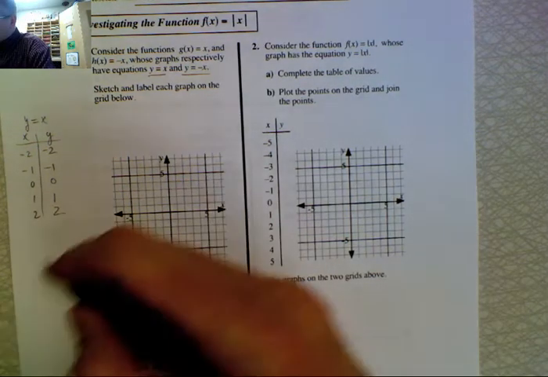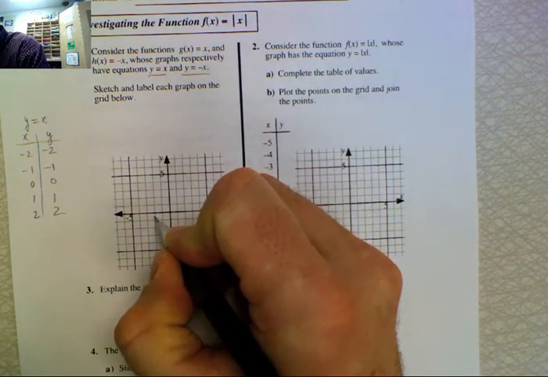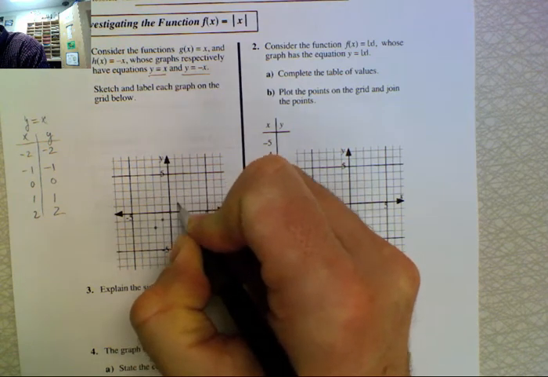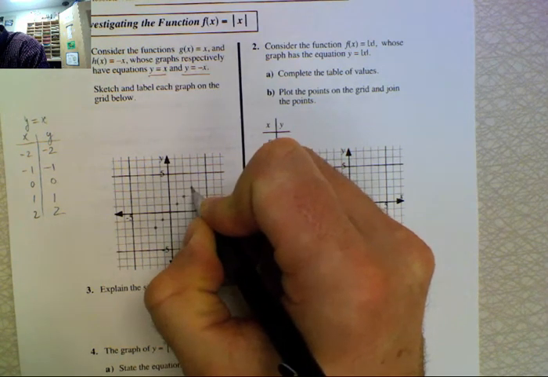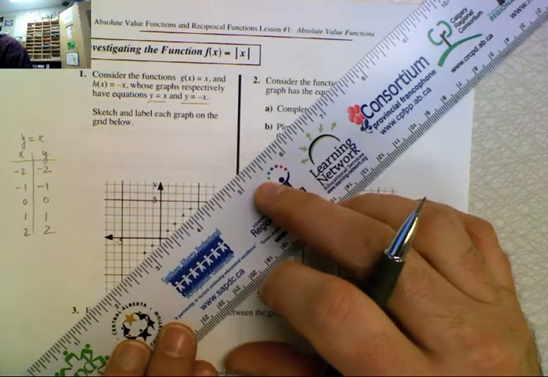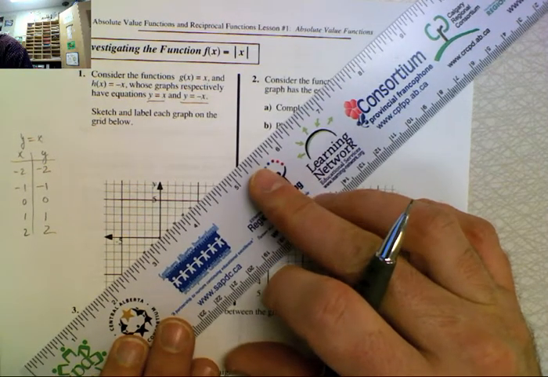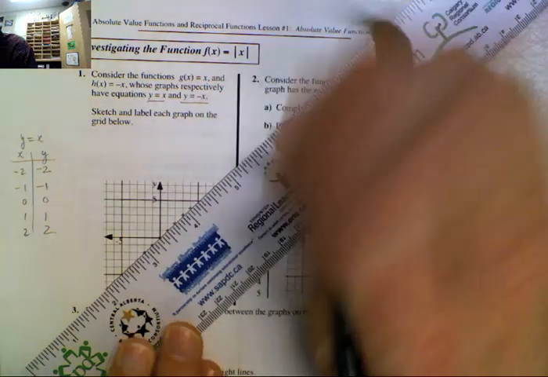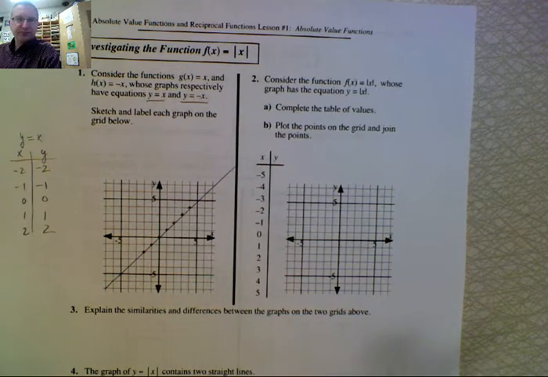So if I graph this, I get -2 and -2, -1 and -1, 0 and 0, 1, 1, 2, 2, 3, 3, 4, 4, etc. So if I draw that in, if I actually use a ruler and make a nice straight line, that's what y equals x is going to look like.